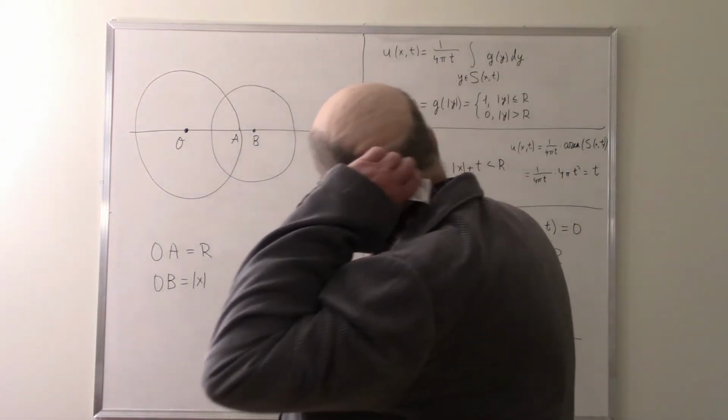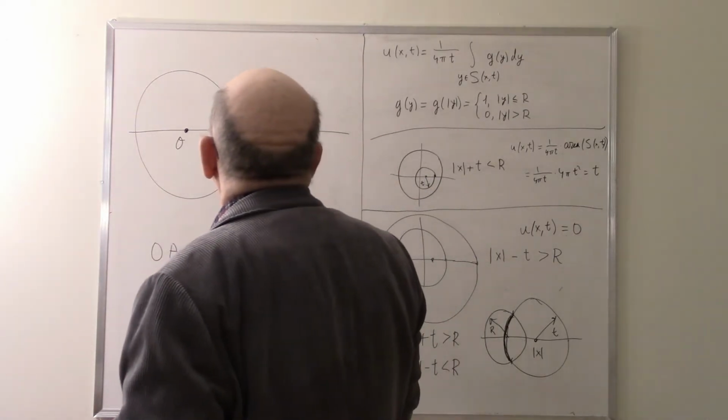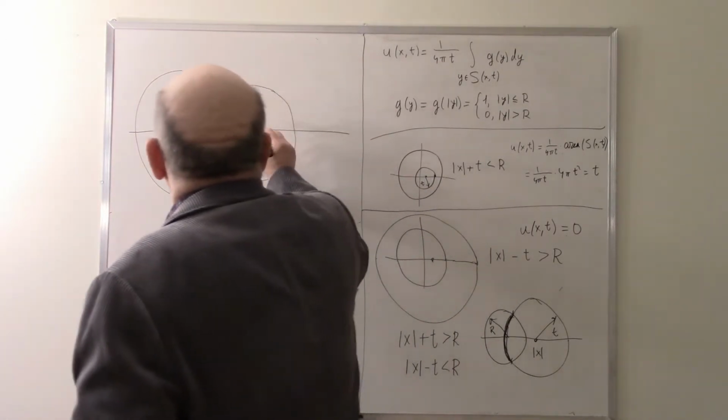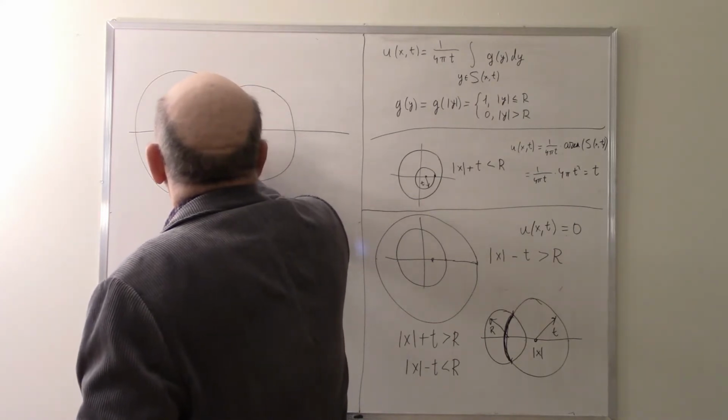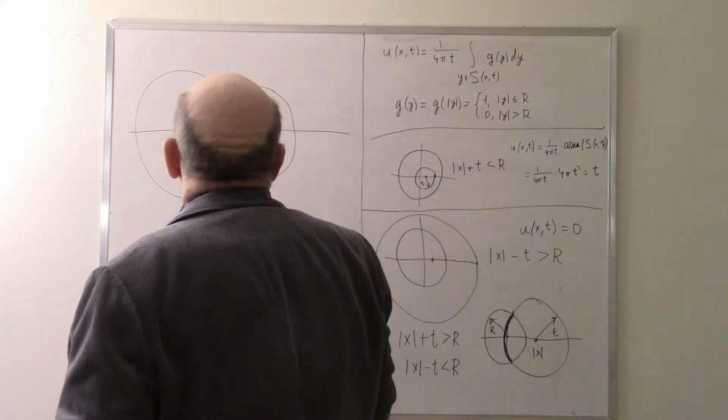And now we want to have this point C, the intersection point.